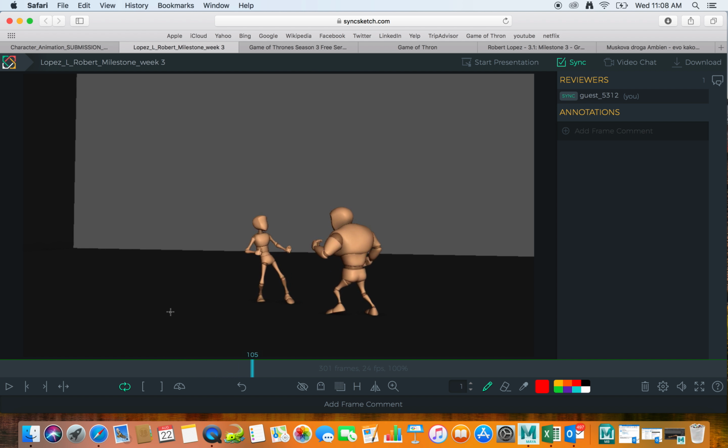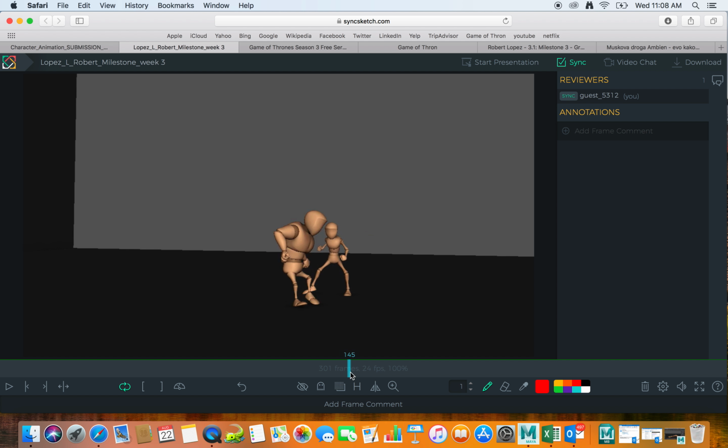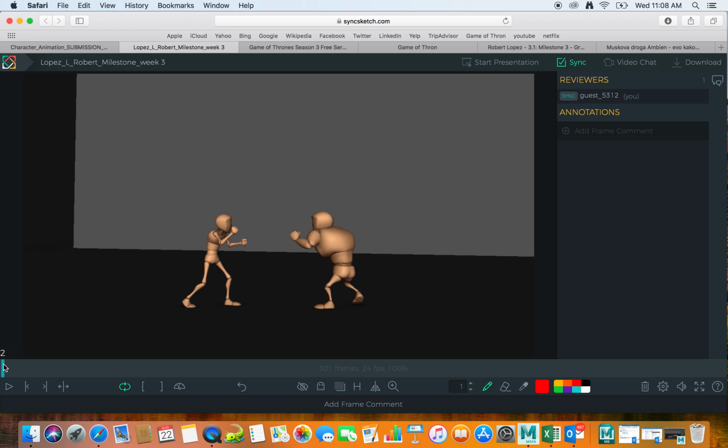Bam, bam, bam. Maybe now they're falling down, and that would be it. So you would be done by probably 150 instead of going to 300. So it's double work. Now that's completely up to you which one you're going to go for.